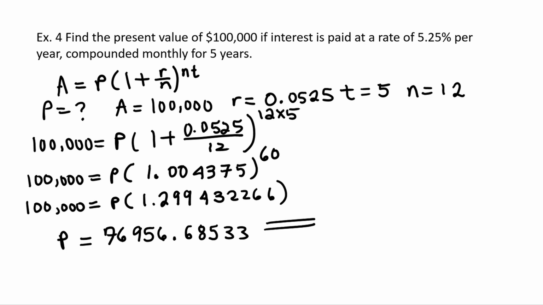And since we are talking about money, we'll round it to the nearest cent. And we get that the present value is, use the dollar symbol, $76,956.69. If you let it earn interest at 5.25% for 5 years, that amount will be worth $100,000.